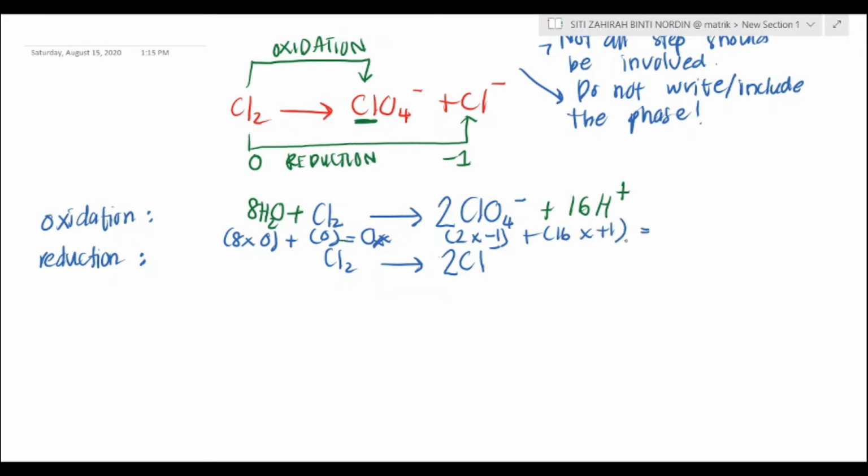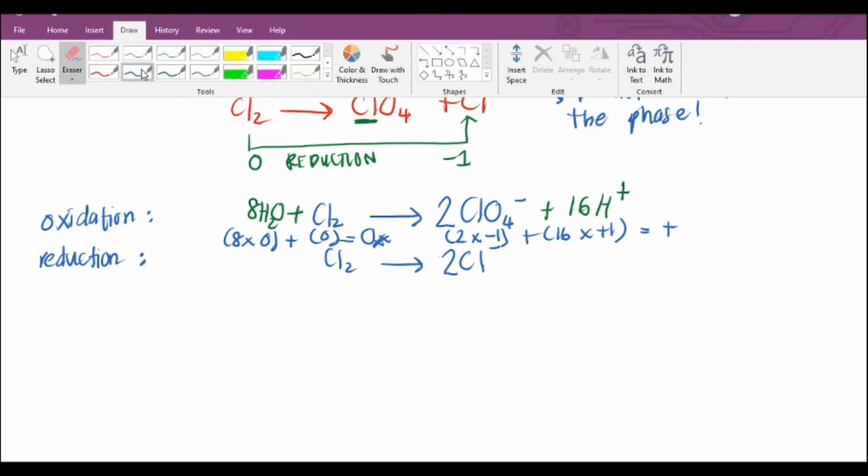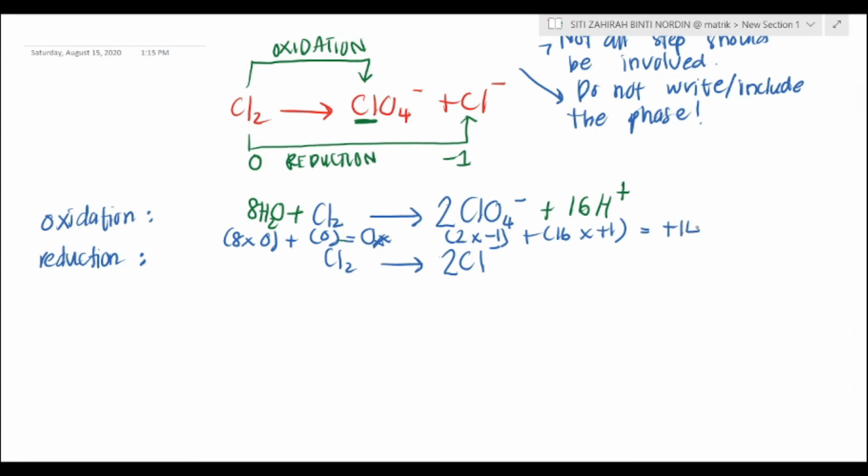So this would be positive 14. Which side has a higher charge? Yes, that would be your product side.